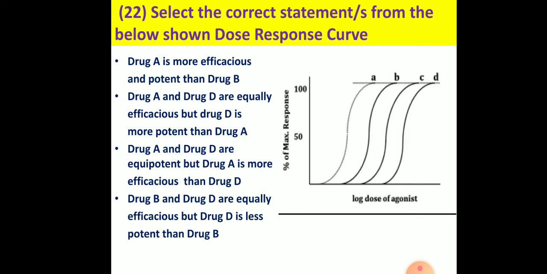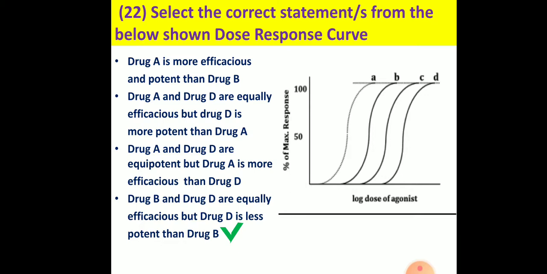So A is the most potent, followed by drug B, followed by C, and followed by D. Okay, so the answer will be drug B and drug D are equally efficacious. Yes, all the drugs are equally efficacious, but drug D is less potent than drug B, because the DRC of drug D is on the rightward side of drug B.